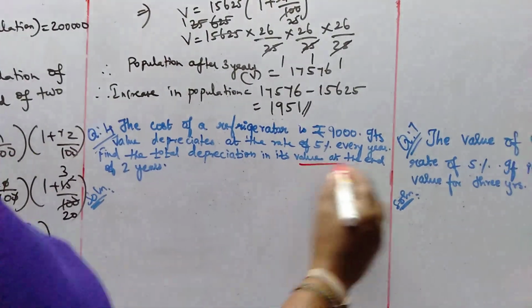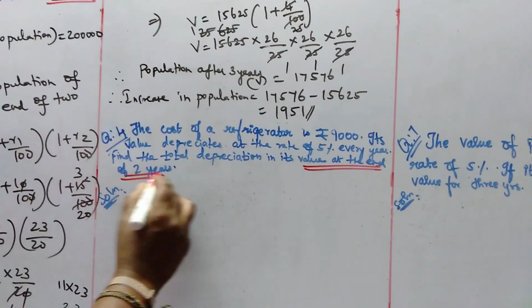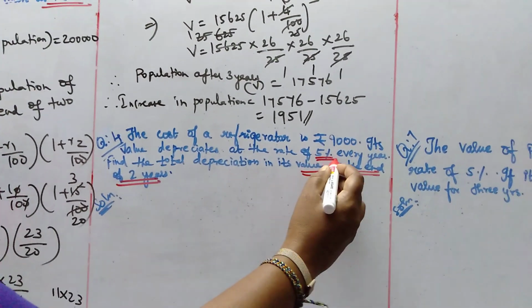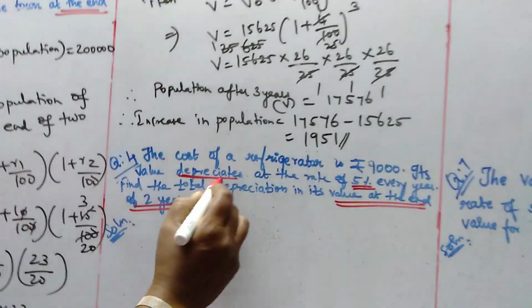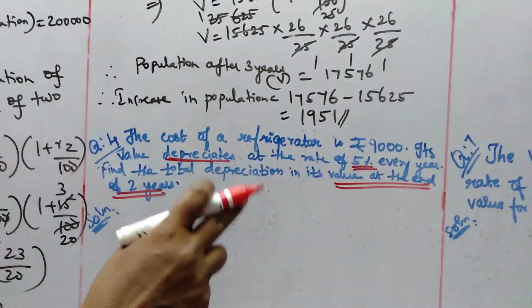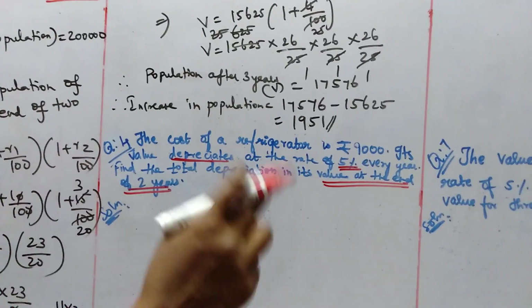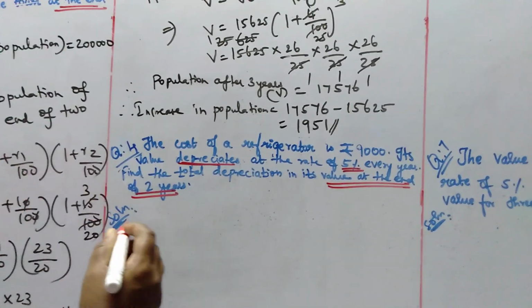The present value we assume here as V0. And the rate 5% every year means this is R. Here depreciation means we want to use V is equal to V0 into 1 minus R by 100 the whole power N. So N here is 2 years. Okay.